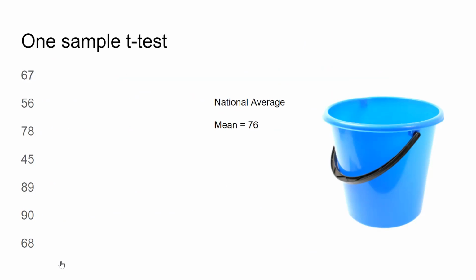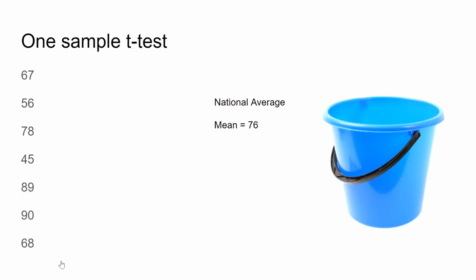So these might be specific scores for an achievement test. And let's say that this is my sample, and I want to compare this to maybe a national average. I might not have the entire data set for the national average, but by looking at the internet or looking at the article, I might find that the mean was 76.